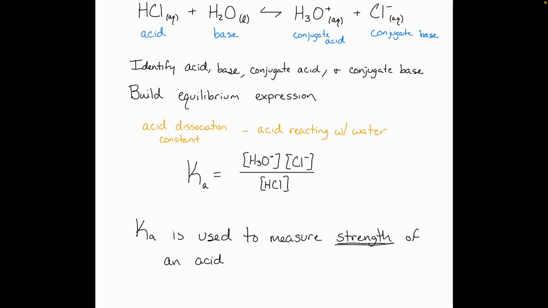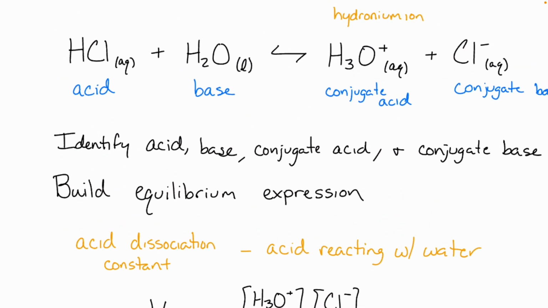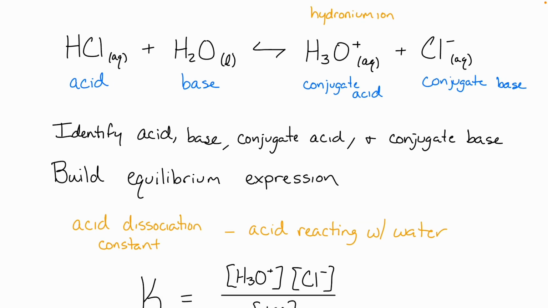One of your daily quiz questions was actually this reaction in particular, and it told you that this reaction has this huge equilibrium constant, 10 to the 6. So is that a reaction that favors the products or the reactants? The products. That huge Ka means this reaction is pushed very much in favor of the products.